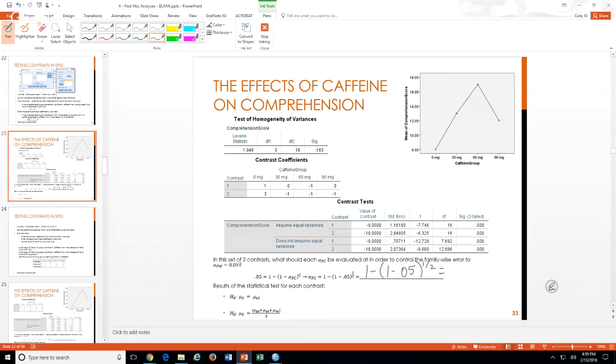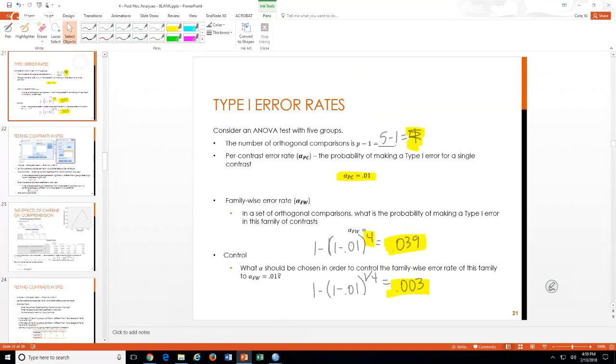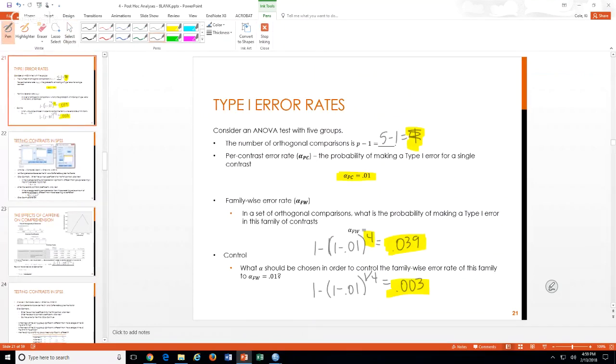Okay, remember what we're doing here. Just like this, right here, we said we were doing 4 comparisons and we wanted to maintain the overall alpha to 0.01 for that set of 4 contrasts. We did this formula.